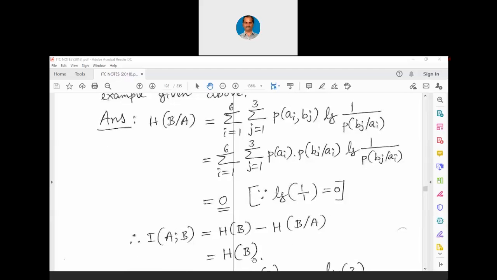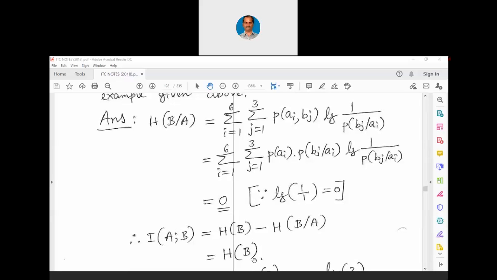In case of a noiseless channel, we had the mutual information which was the entropy of the source. Here in case of deterministic channel, we are getting mutual information, that is the entropy of the destination. Obviously it has to be so, because both are counterparts of each other.